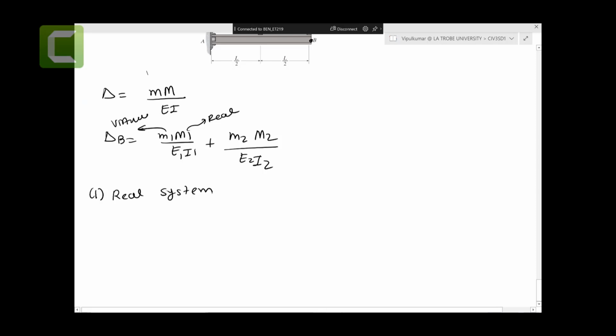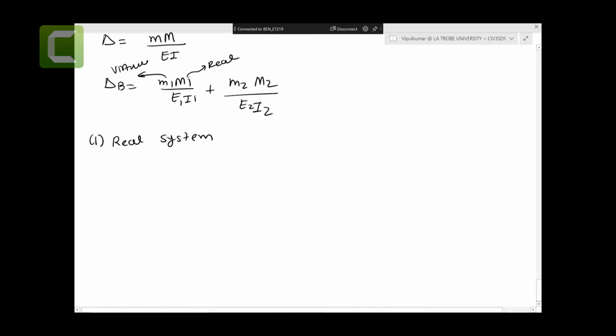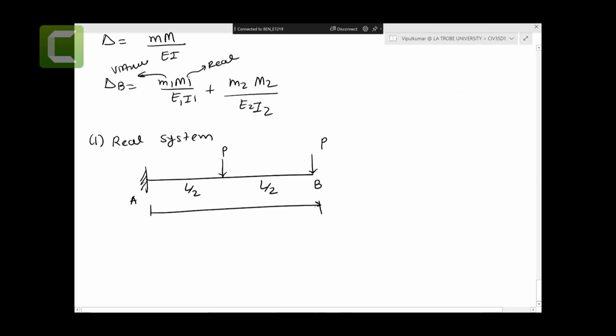So let's do the real system first. Real systems. So let's draw the real system. P, A, B, L by 2, L by 2, total length is L, and so on.